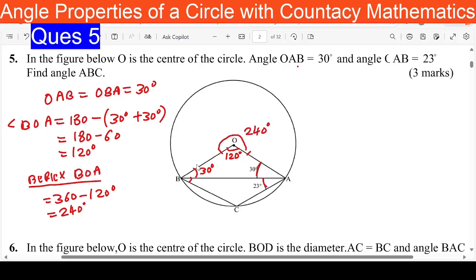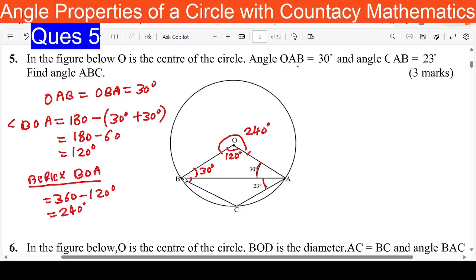Can we get any other angle? Yes, definitely. We can get angle BCA. Can you see the reason why? It's because they are sharing a common chord, and that is BA.